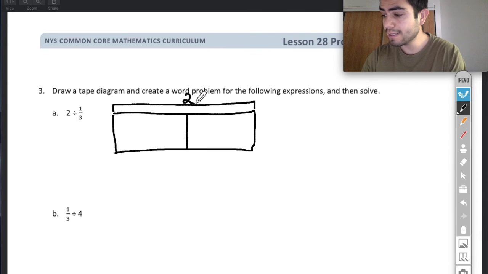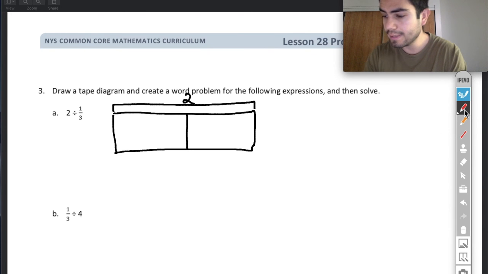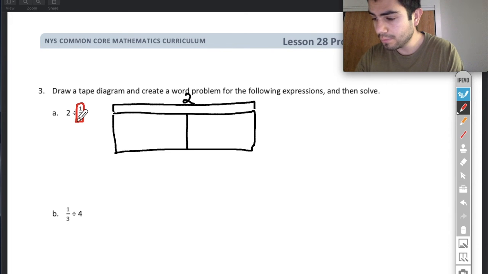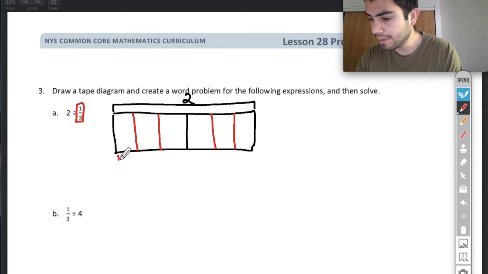And what it's saying is that each of these wholes is going to be divided into thirds. Okay? So this one whole will be divided into thirds. This whole will be divided into thirds as well. Okay? Now, how many of these thirds did I just create?